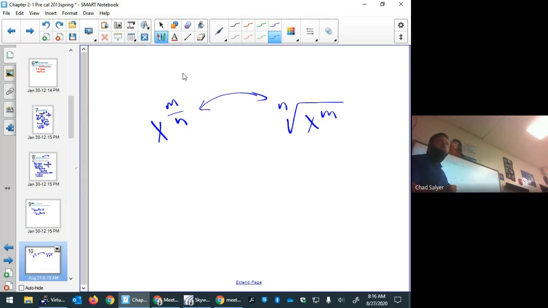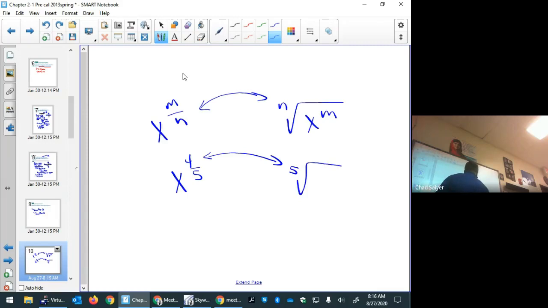These are equivalent statements. So for example, if I had x to the 4/5, that is the same thing as the 5th root of x to the 4th power. So these are interchangeable ways to describe this expression. No difference.